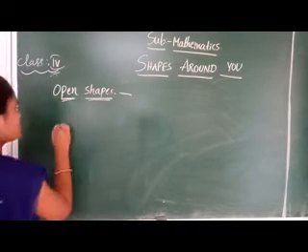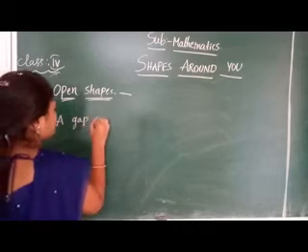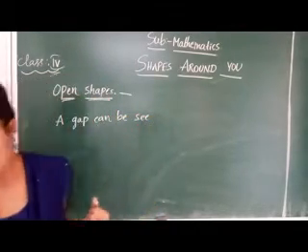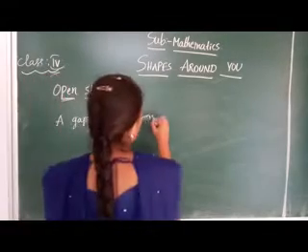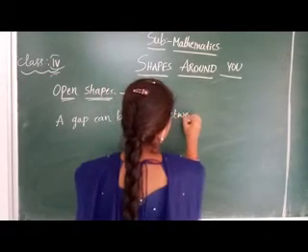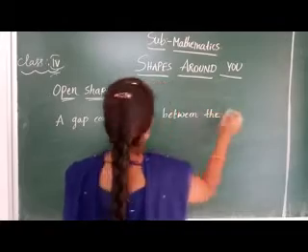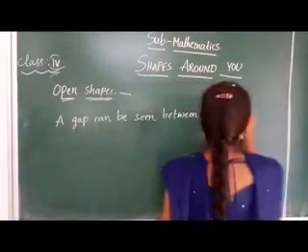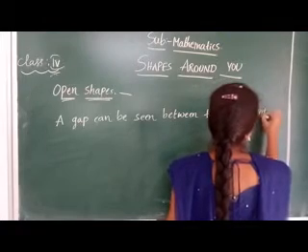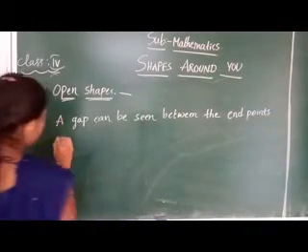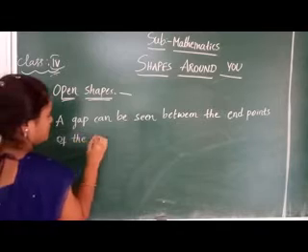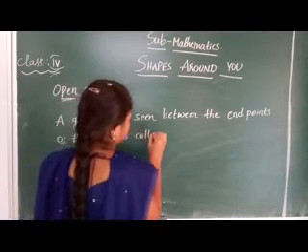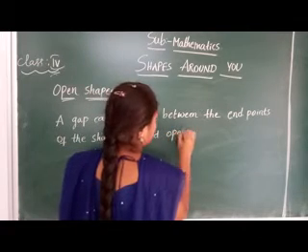Open shapes means what? A gap can be seen between the end points of the shape is called an open shape.